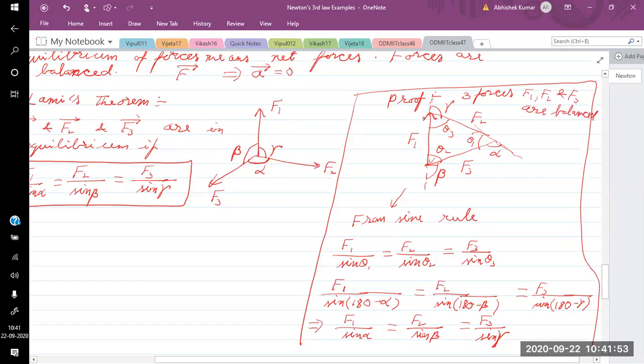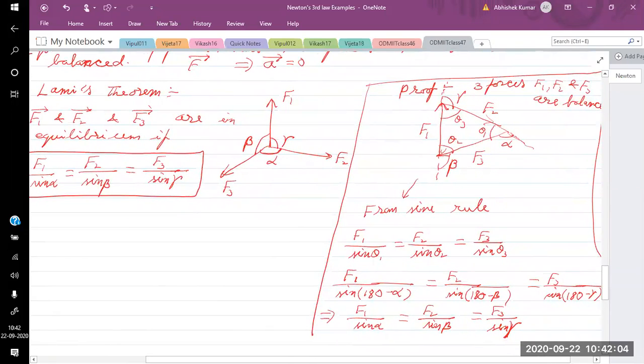And if they make the closed triangle, then we can apply these rules. So we write these rules, and this is the proof of Lami's theorem. Now we will see the application of this.